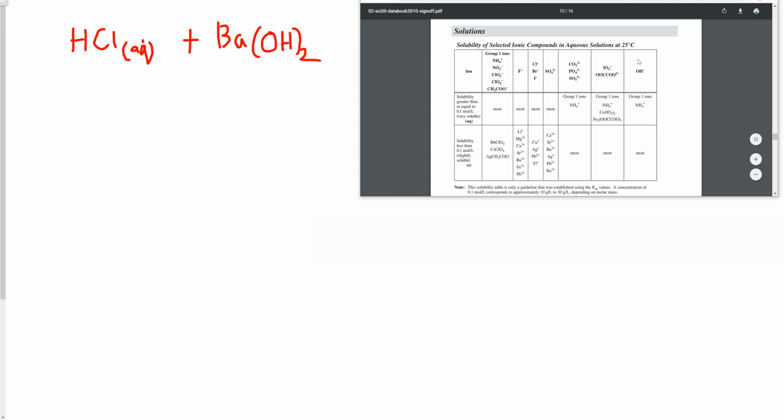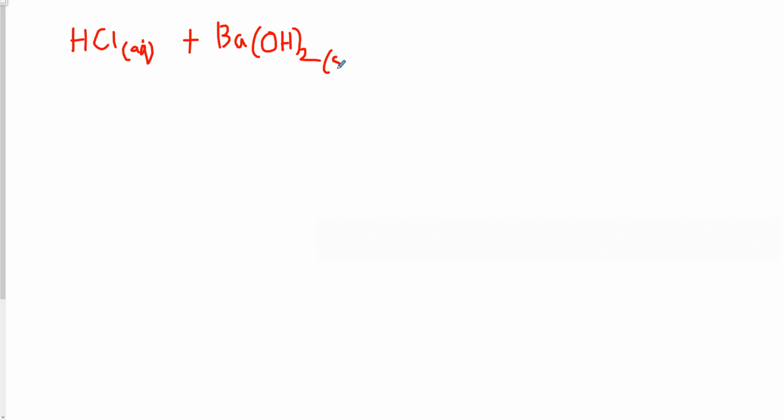So we'll have HCl aqueous mixed with barium hydroxide. Now I have a feeling that barium hydroxide is not soluble. Hydroxides, most. All right, so this guy's going to be bracket S. Actually, that's not going to work.